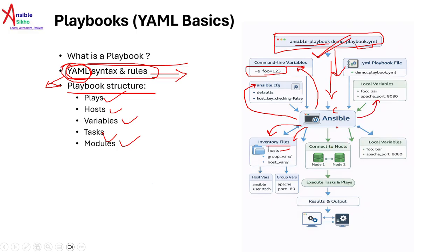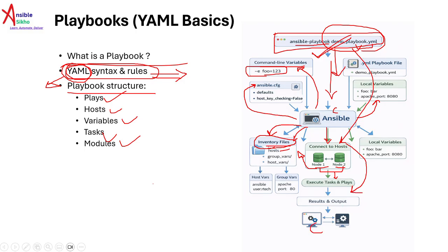Then based on the nodes available in the inventory file, it connects to those hosts. Suppose node1 and node2 are present in the inventory file, so it will connect to these two nodes. It will execute the modules written in the demo playbook, and it will send the result output back to the control node.